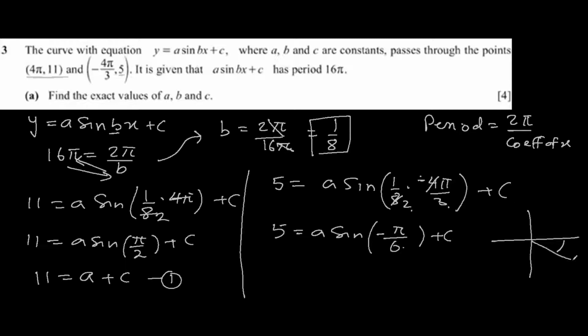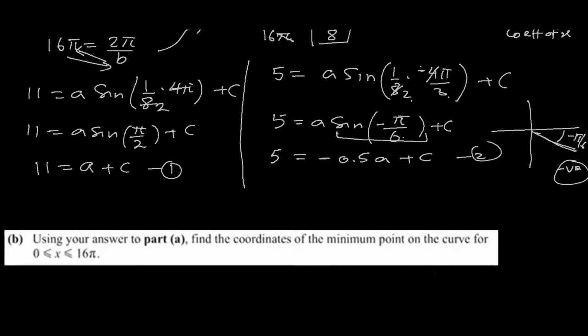Minus pi by 6 will be in the fourth quadrant, right? In this direction sine is negative. So whatever is sine pi by 6, just put a negative in front of it. Sine pi by 6 is half. So 5 equal to minus 0.5 A plus C. Yeah, 0.5, because this is negative, I put negative 0.5 in front.